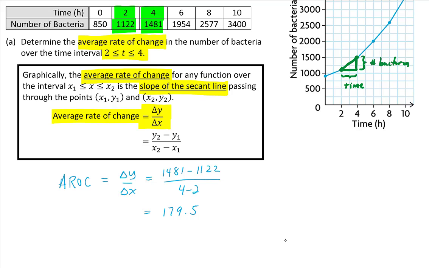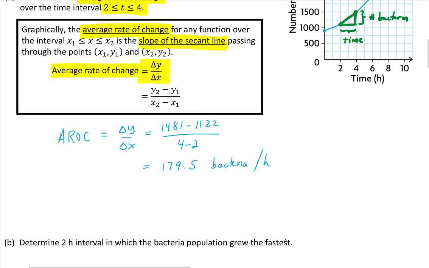Since it's the change in y over the change in x, our y value was the bacteria count, and our x was time in hours. So the average rate of change between 2 and 4 is 179.5 bacteria per hour. Well, what does this mean? This means that the number of bacteria is increasing on average at a rate of 179.5 bacteria per hour between 2 and 4 hours.